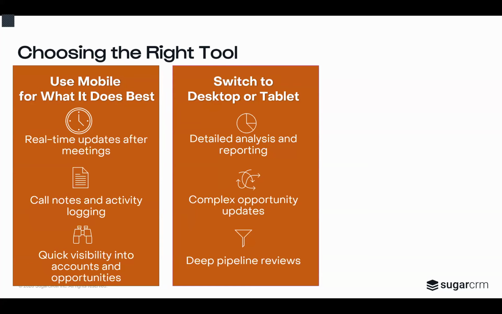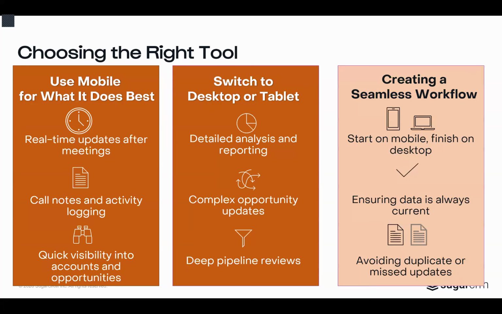You cannot see all of that in one view in the small real estate on your mobile phone screen. Anything that's complex, like complex opportunity updates, or if you need to add lots of records or link lots of records together, do that in the browser version also. Or if you need a deep pipeline review, then you need to do that on the tablet.